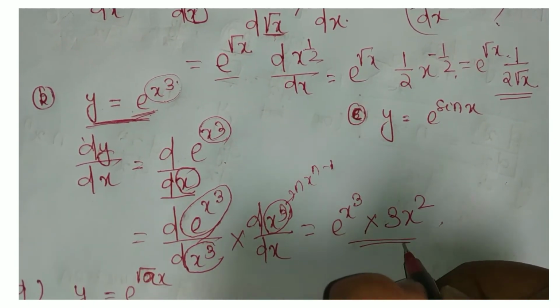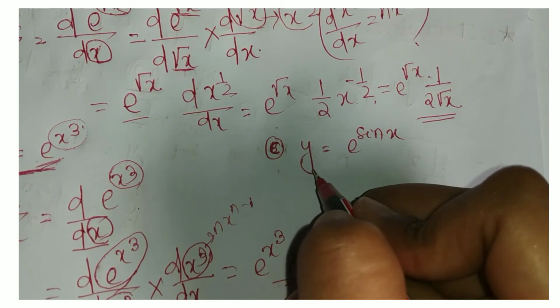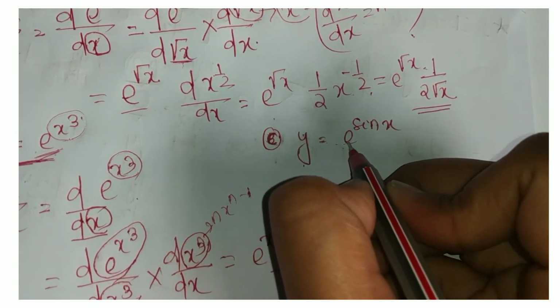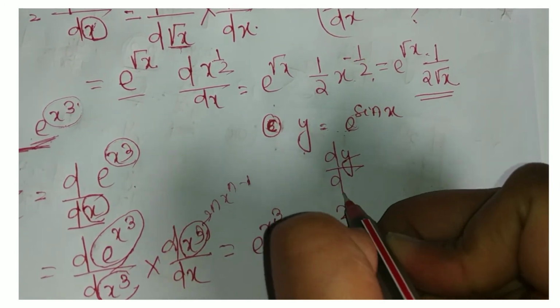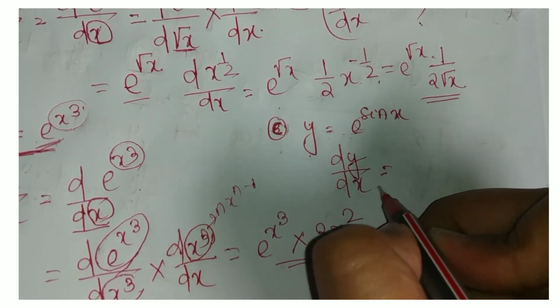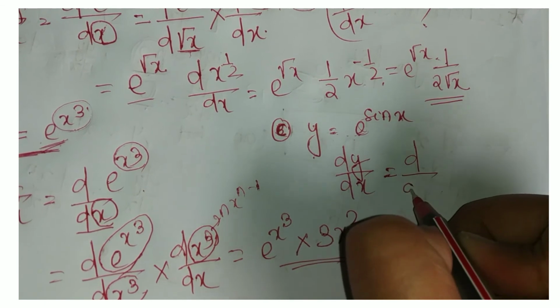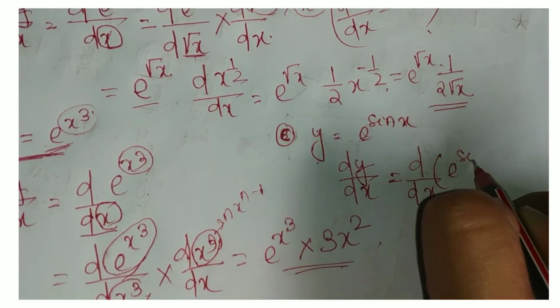Answer. Another example, y is equal to e to the power sin x. So the derivative of y with respect to x is equal to dy by dx of e to the power sin x.